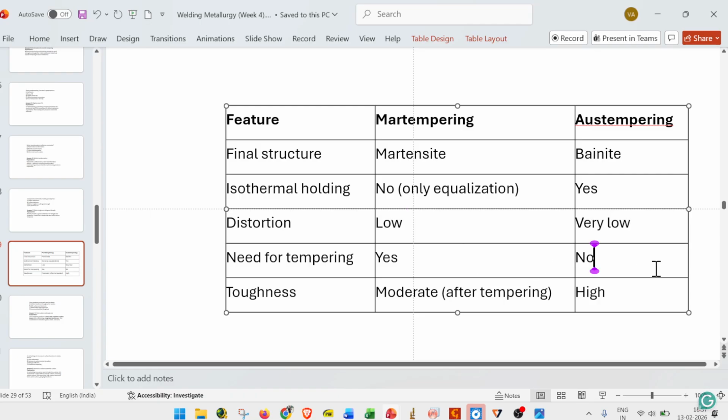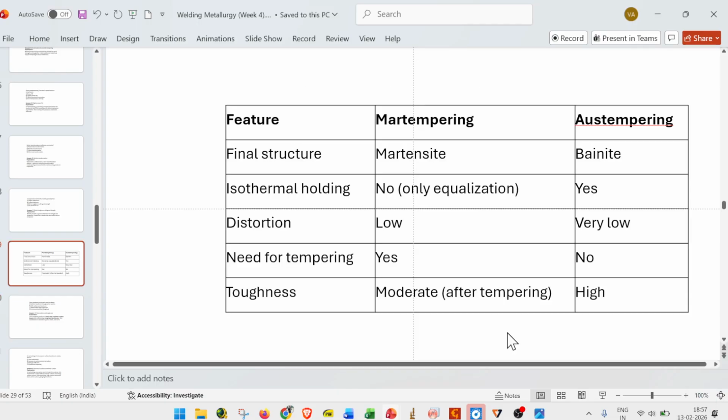Need for tempering here, no. And here, because it is a total martensitic phase, we have to do the tempering to increase its toughness. Toughness will be moderate here and very high here.